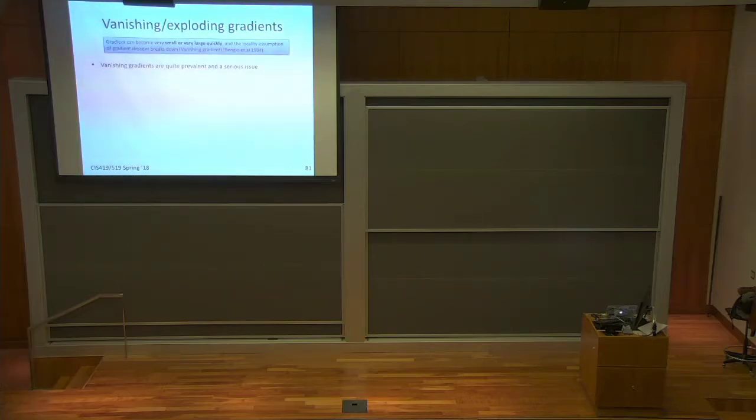Okay, so we talked about lots of layers. Training neural nets with lots of layers is not trivial. It's very hard. One of the things that makes it really hard is the phenomenon of vanishing or exploding gradients. What are vanishing and exploding gradients? Think about backpropagation. We calculate the gradients at each step.